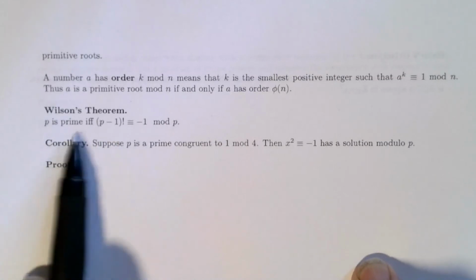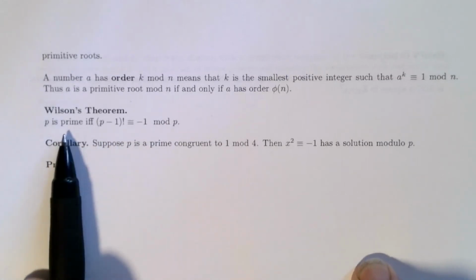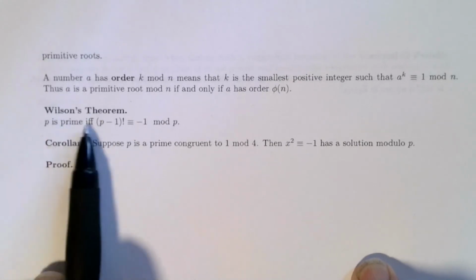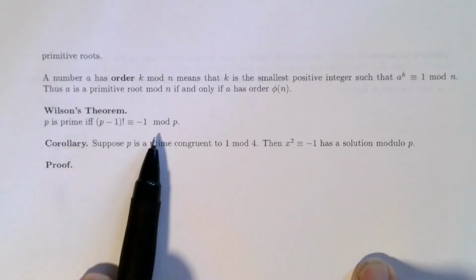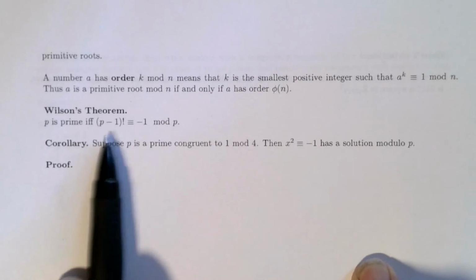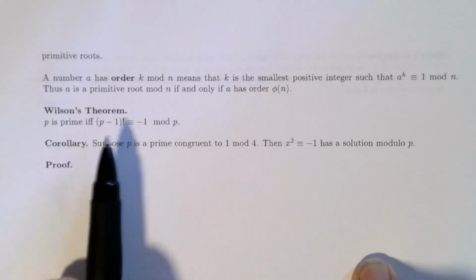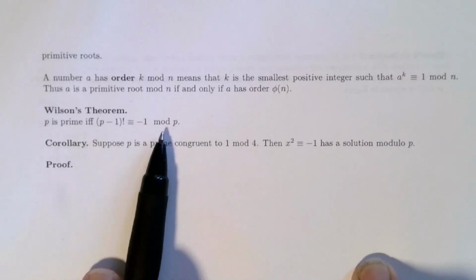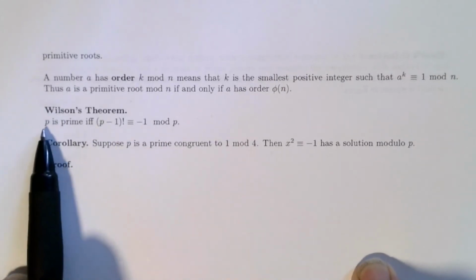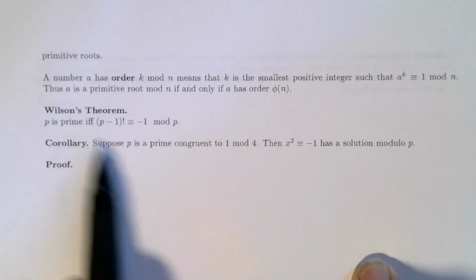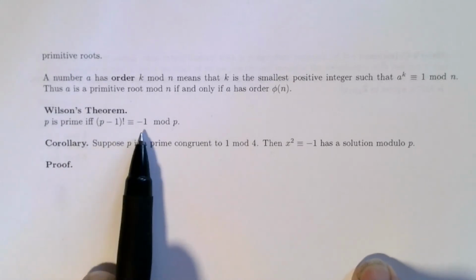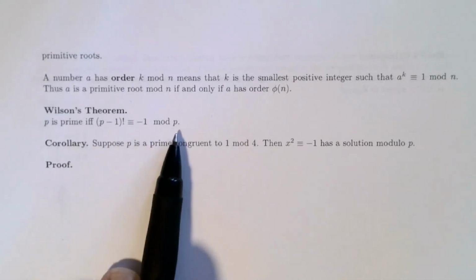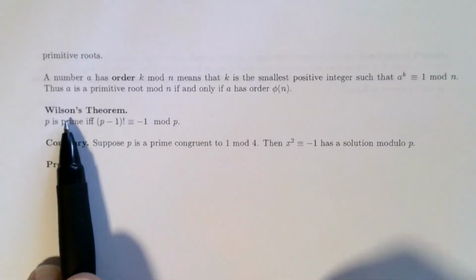Wilson's Theorem is an interesting little fact. It's one of the very few theorems in number theory that has p is prime if and only if something. So in some sense this characterises a prime and also tells us how to check when a number's a prime. You just have to check this thing. It says p is prime if and only if (p minus 1) factorial is minus 1 modulo p. By the way, it probably has nothing to do with Wilson.